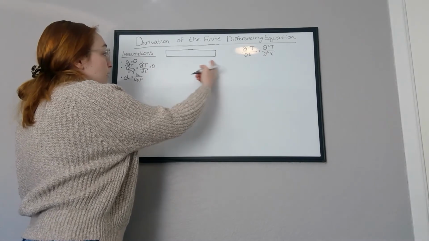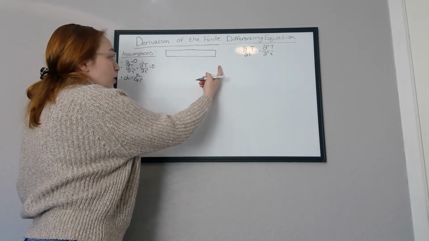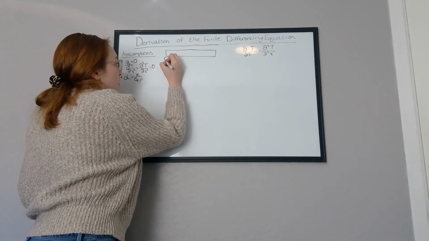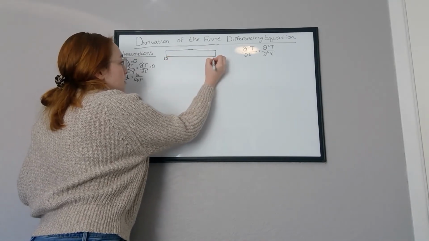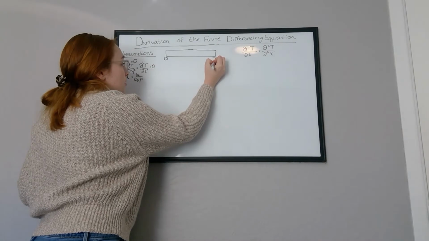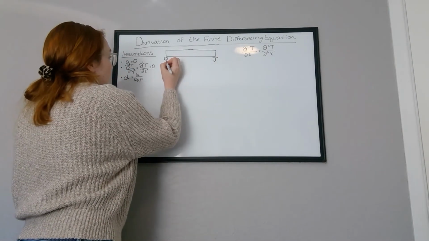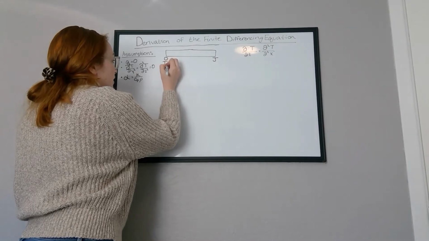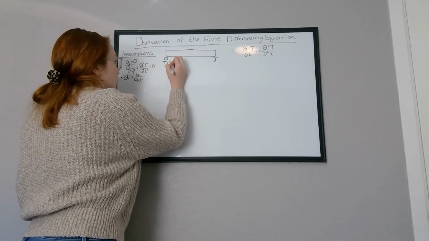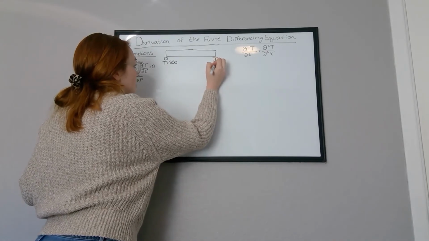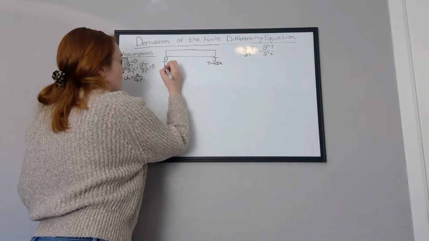Let's label our figure. So this is again a linear bar in one direction. We have length 0 to capital J, and we have the temperature equal to 350 Kelvin on one end, and 400 Kelvin on the other, for any time.